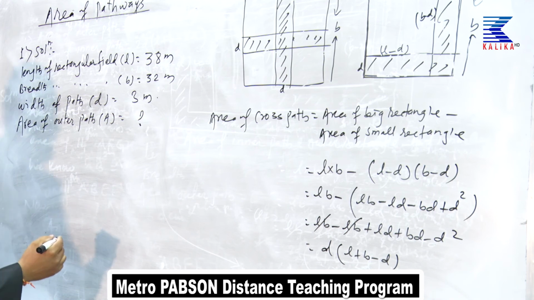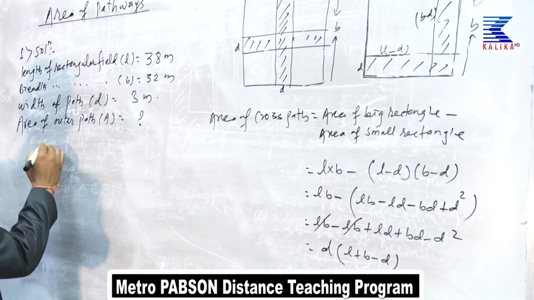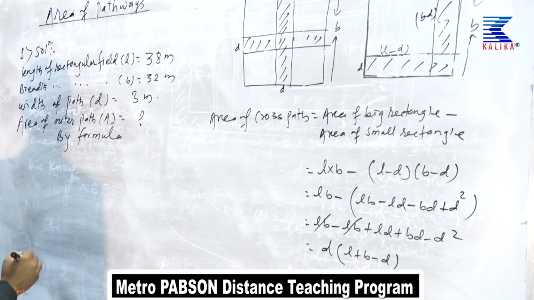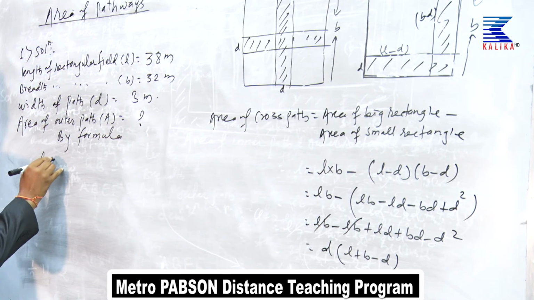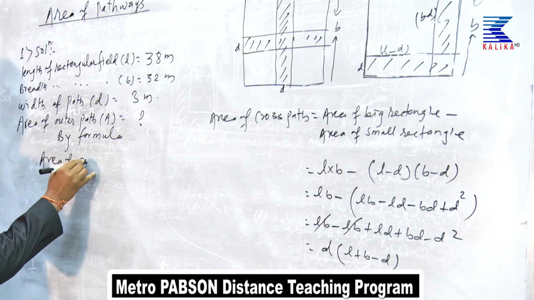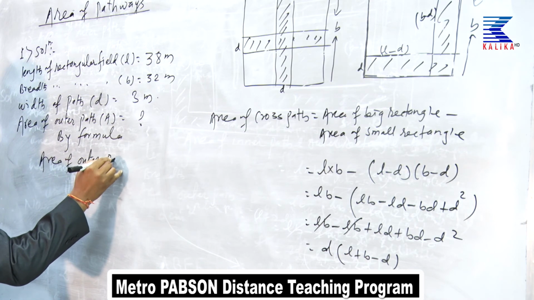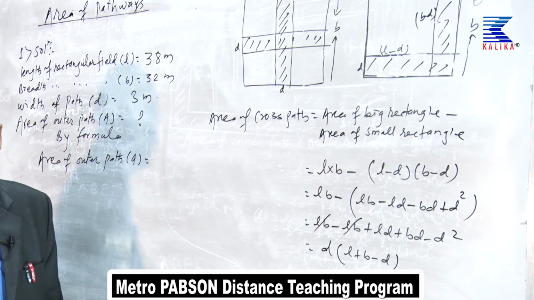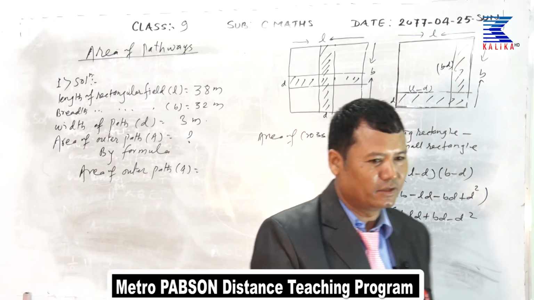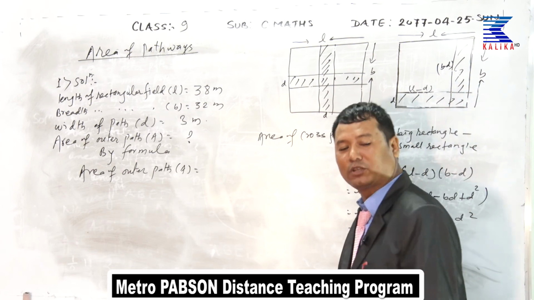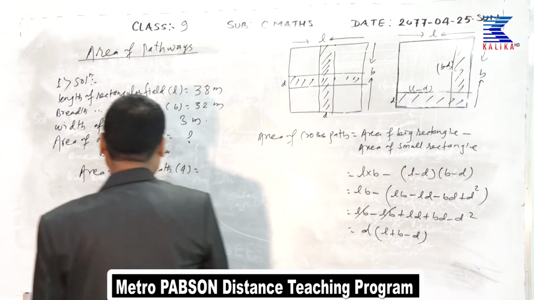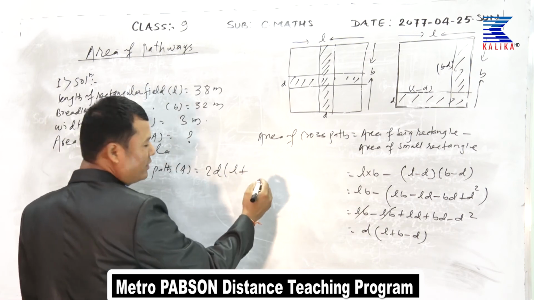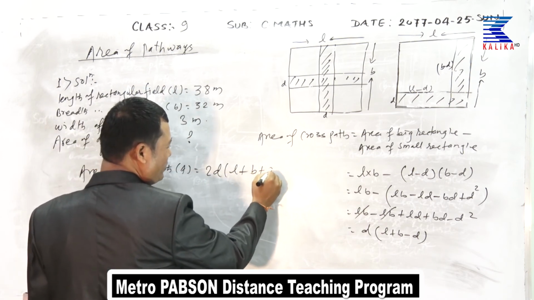By formula, area of outer path A is equal to, you know everybody, 2D (L plus B plus 2D).